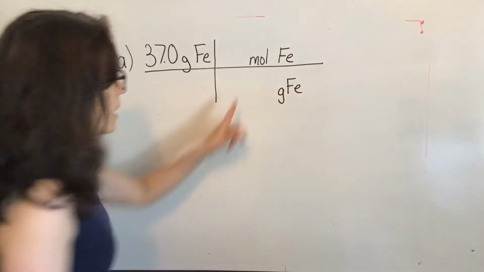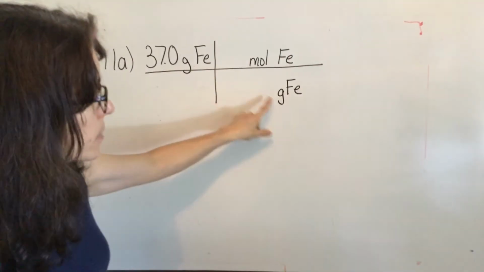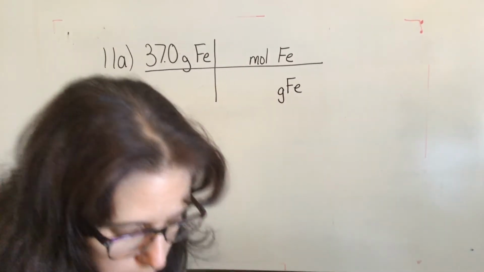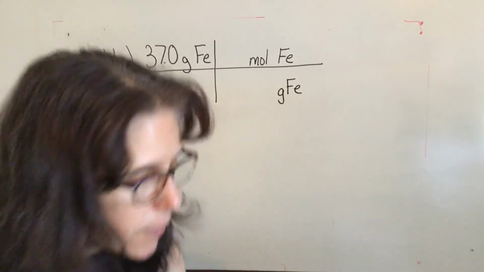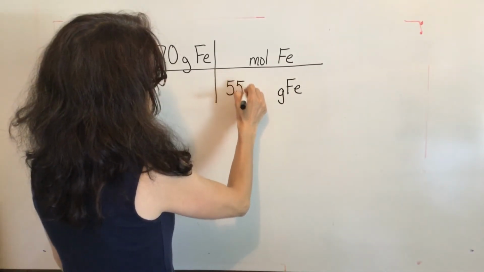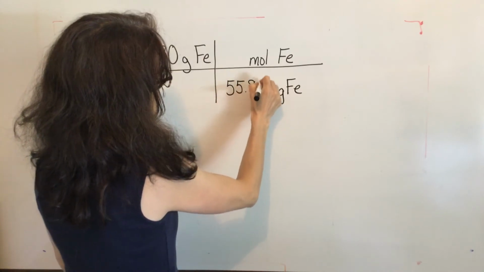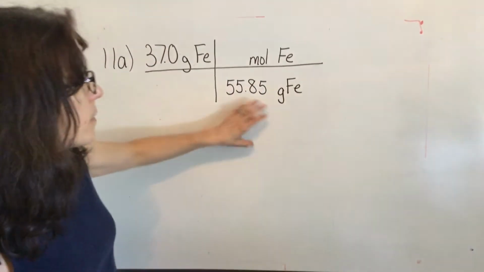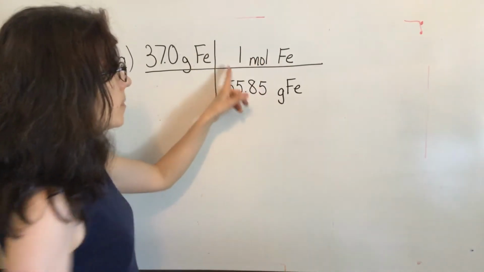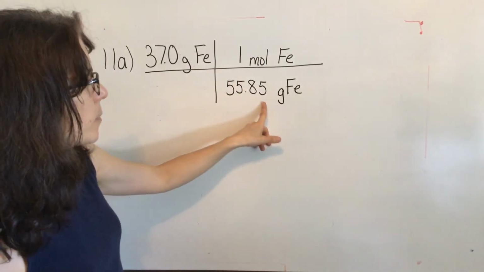And where are we going to get the numbers for grams of iron to moles of iron? From the periodic table. We just checked the quantity. It was 55.85. Okay, and we know that the mass of 1 mole of iron from the periodic table is 55.85.